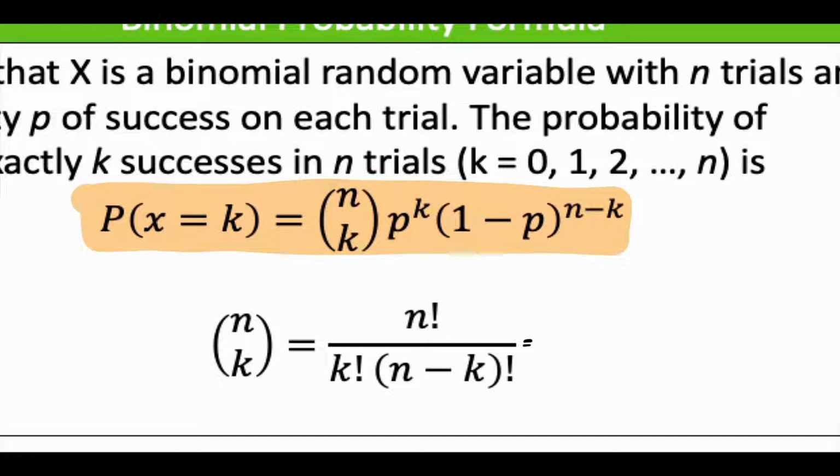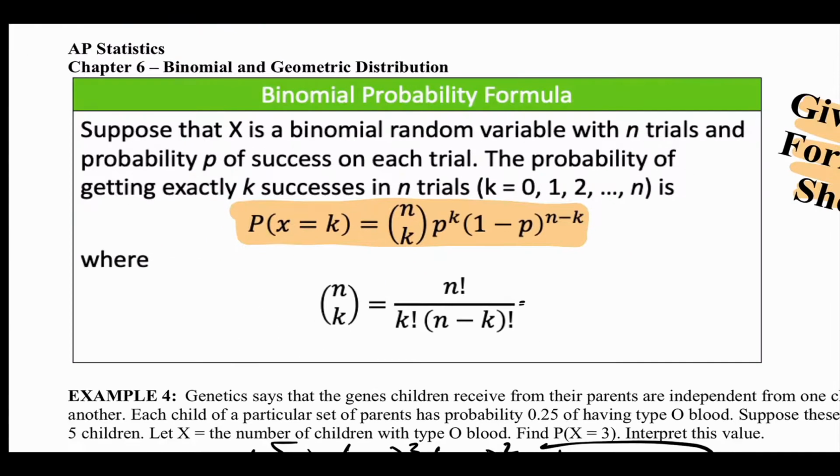Like if we did tree diagrams for all these problems, this tells me how many paths. Well, with geometric, there's always only going to be one path, and I'll show you on the first problem what I'm talking about.